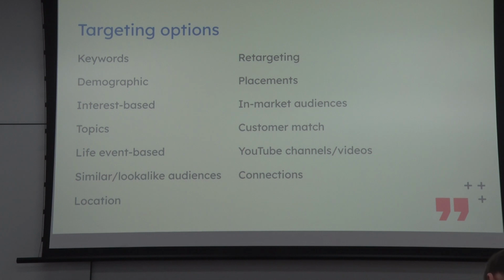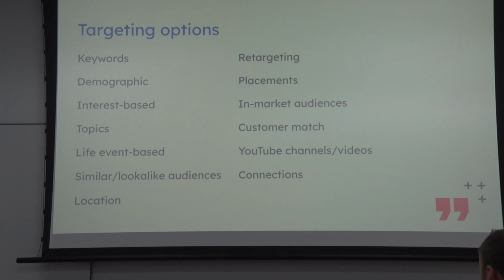Then demographic targeting. On all of the ad platforms, you can create a demographic profile of who you want to show the ads for. So women 20 to 35, men 50 to 55, and whatever other aspects there are.